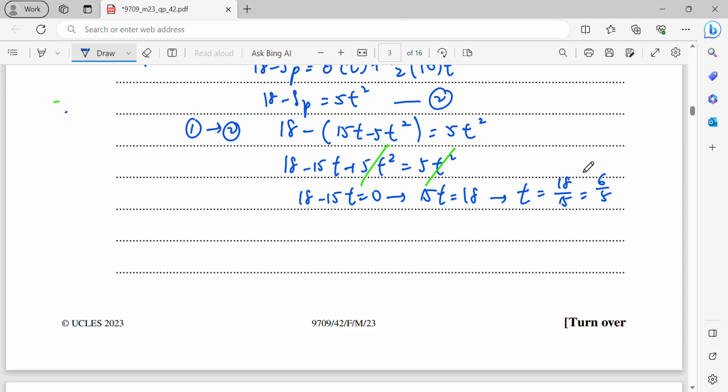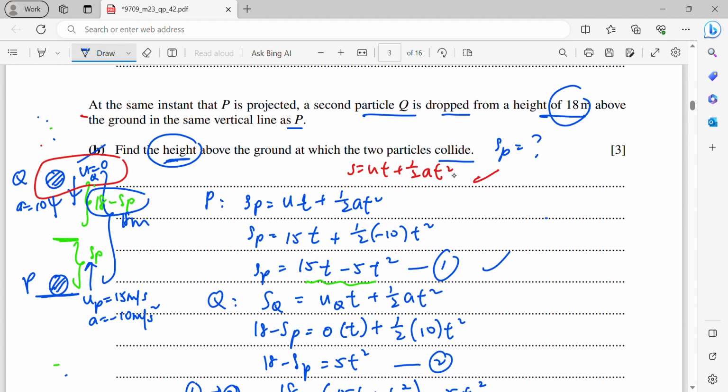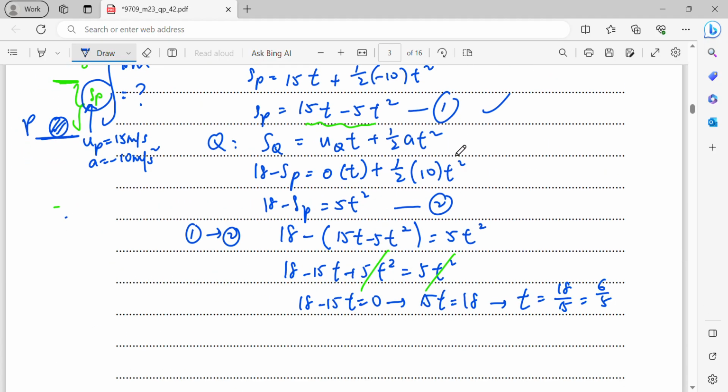So now I need to find the distance or the height above the ground, which is the SP. What is our SP right now? From the first equation, my SP is going to be 15T minus 5T squared, where the T will be replaced by 6 over 5. So at last, I will be getting 10.8 meters.